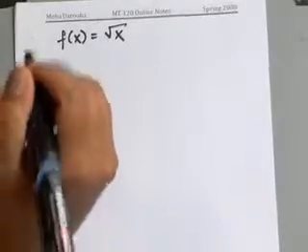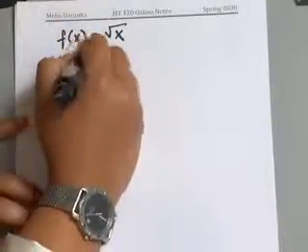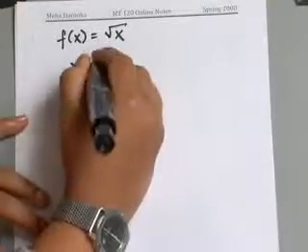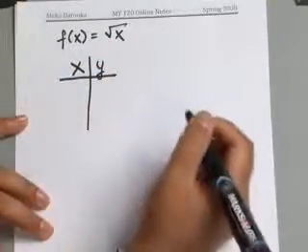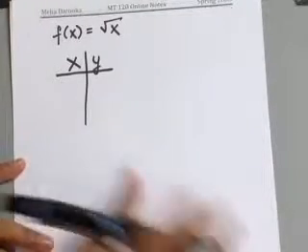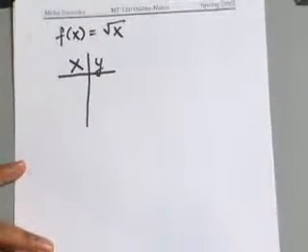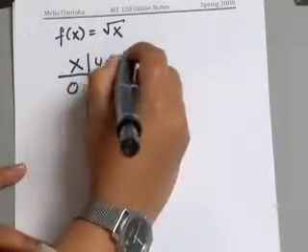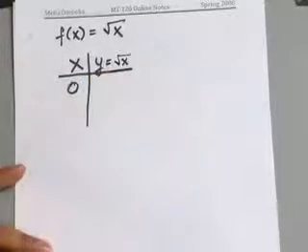Now remember, anytime you're trying to graph a function, you need to find at least 4 or 5 points that you can use to get a good idea of what your graph is going to look like. So what values of x can we use? You can use 0, and y, of course, you will find using square root of x.